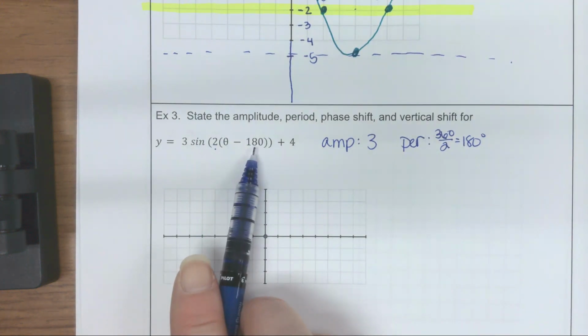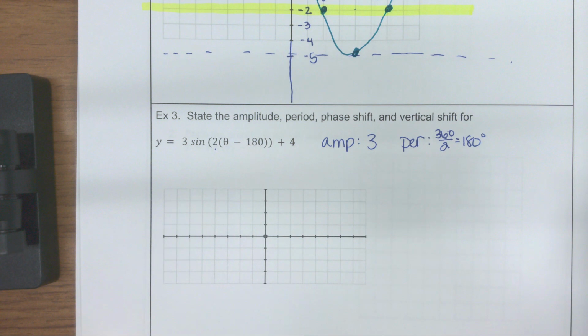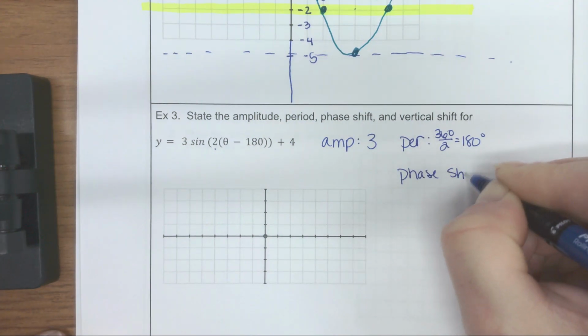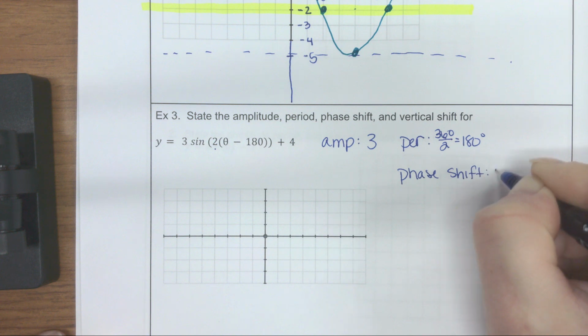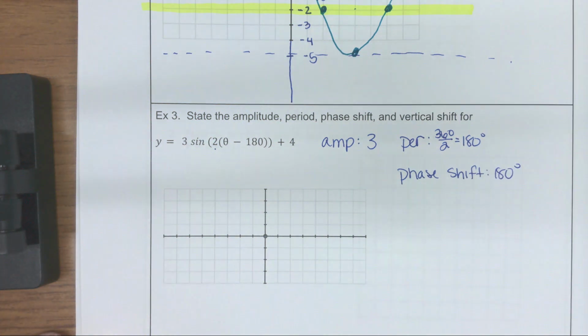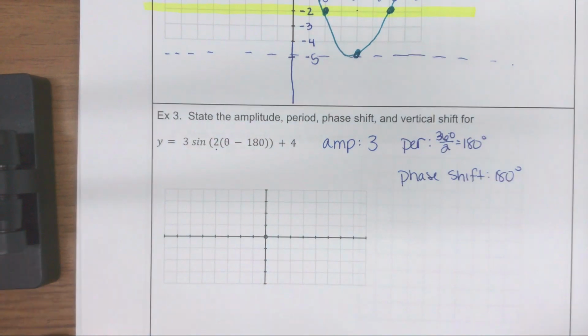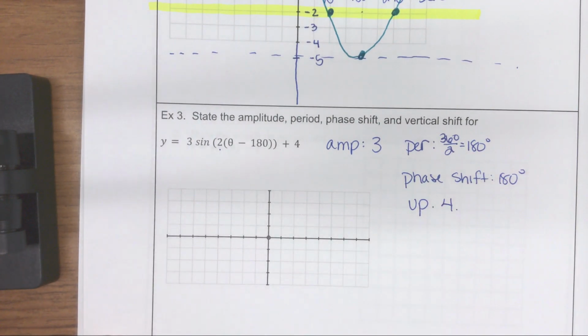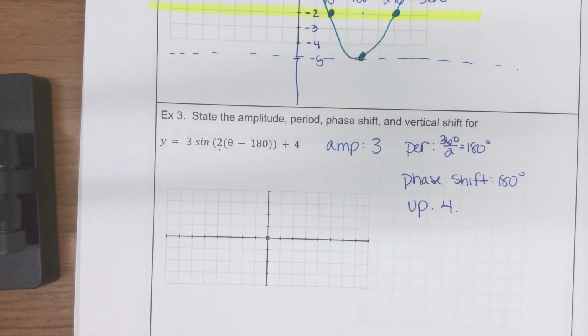There is a phase shift of 180. And a vertical shift of up 4. Okay.